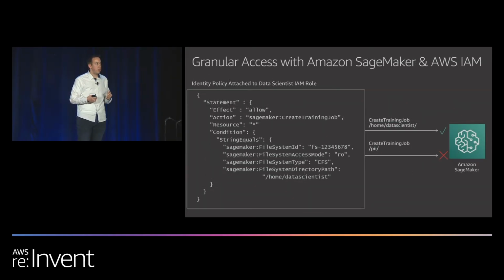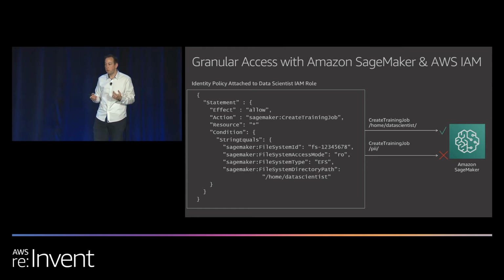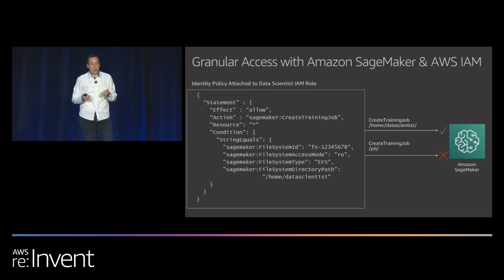Likewise, earlier this year, we integrated with Amazon SageMaker for model training use cases. So with this integration, users can launch training jobs with SageMaker that point at a file system and a specific path in that file system to train a model. And along with this integration, what we wanted to do is handle the case where multiple data scientists are sharing a file system.